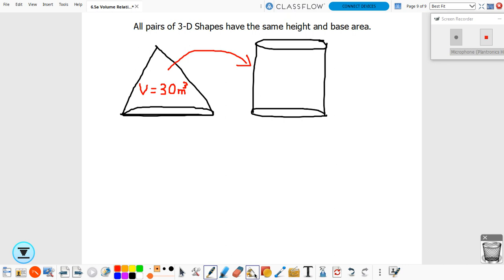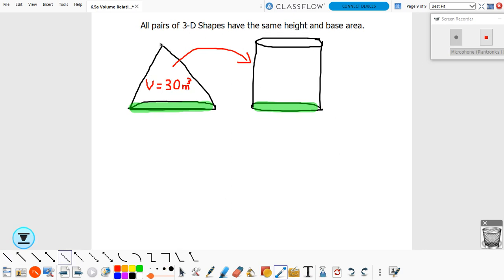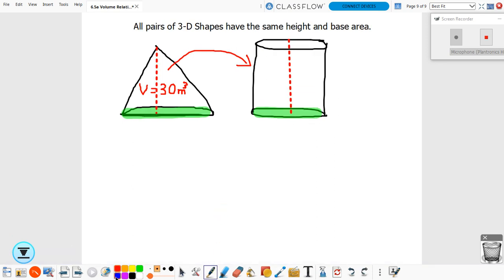They got the same base areas and the same height. Well, you might be thinking to yourself, there's going to be some sort of relationship here. We know that 3 cones can fit inside 1 cylinder, so the volume here might just be the volume of the cone times 3. So we could say that would be 90 meters cubed.